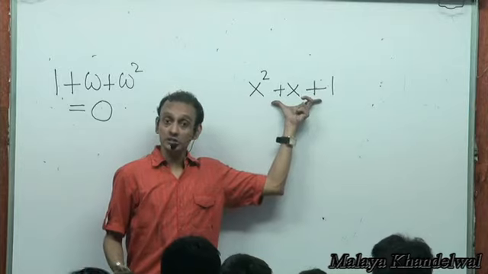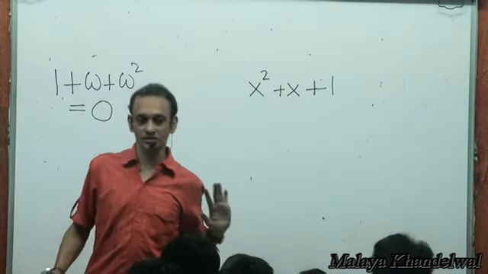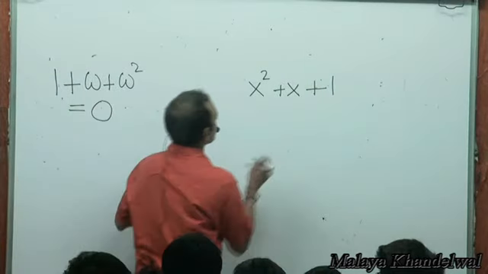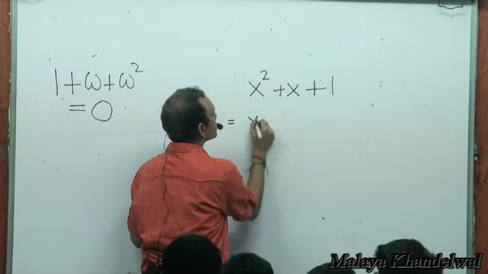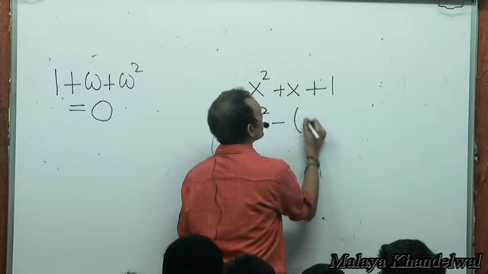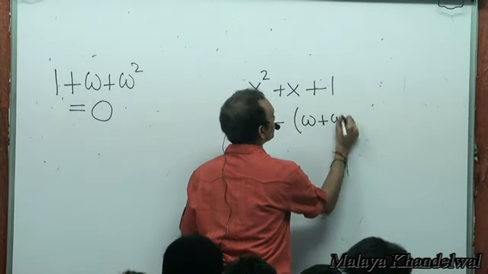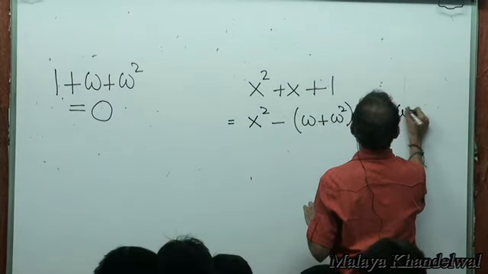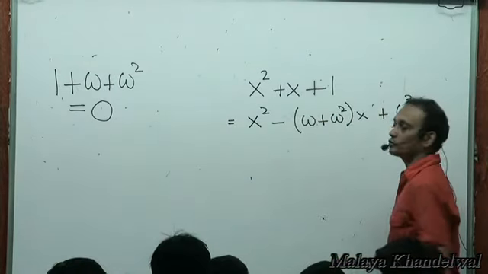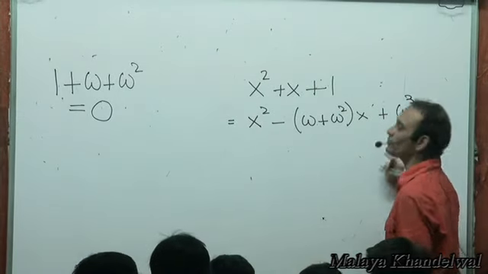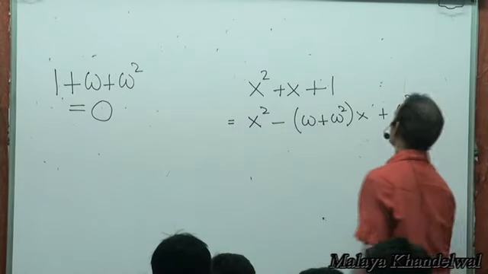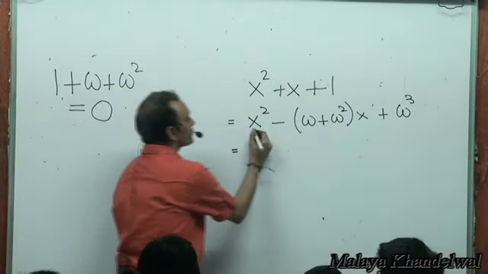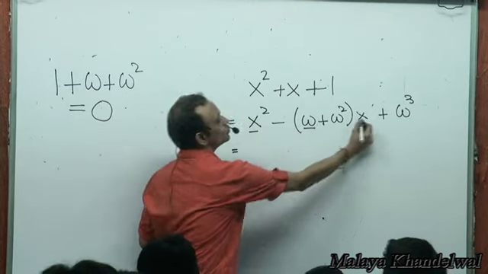Now this expression will have no real factors, but it can have complex factors. See, I could write this as x squared minus omega plus omega squared into x plus omega cubed. I could write it like this. 1 could be written as omega cube. Yes or no? Now I take these two, right?